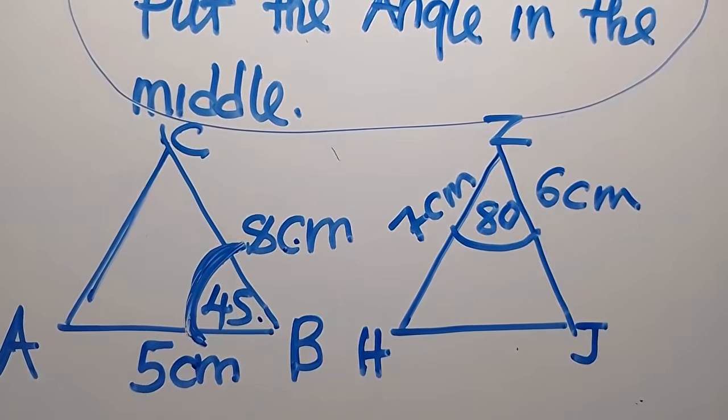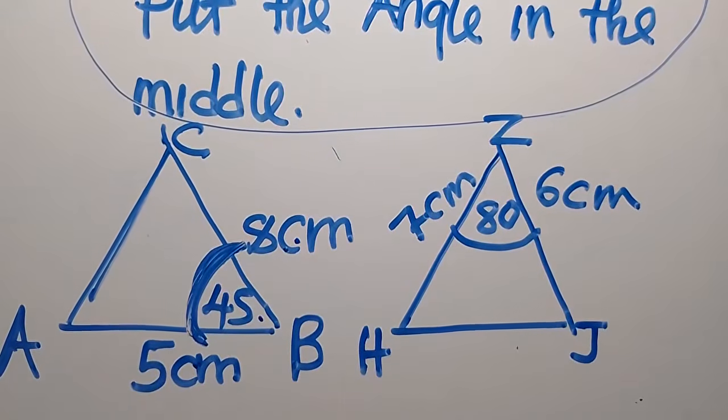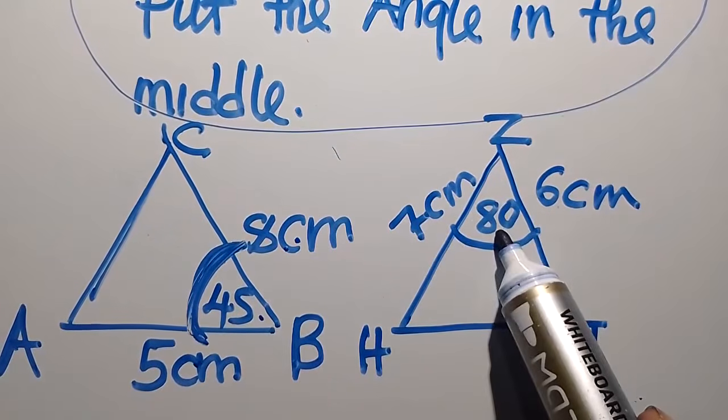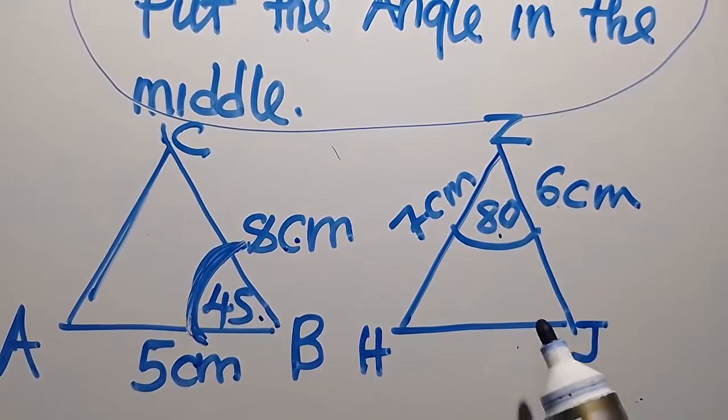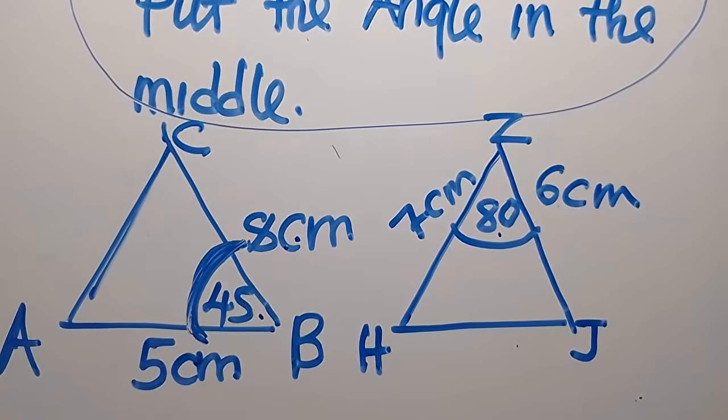All these questions, you are supposed to use the cosine law, where you are given two sides and one angle. These two sides are also putting this angle in the middle. So that's when we use the cosine law.